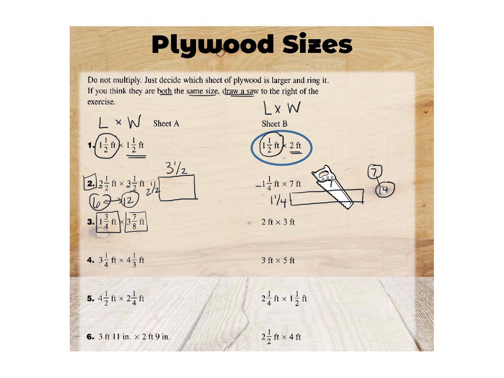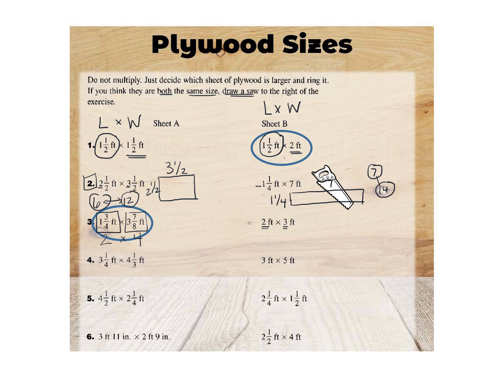So we have to decide which one is bigger. Here, this is almost 2 feet, this is almost 2 feet, and this is almost 4 feet, whereas this is exactly 2 feet, and this is exactly 3 feet. So the best estimate here would be that sheet A is the larger piece.